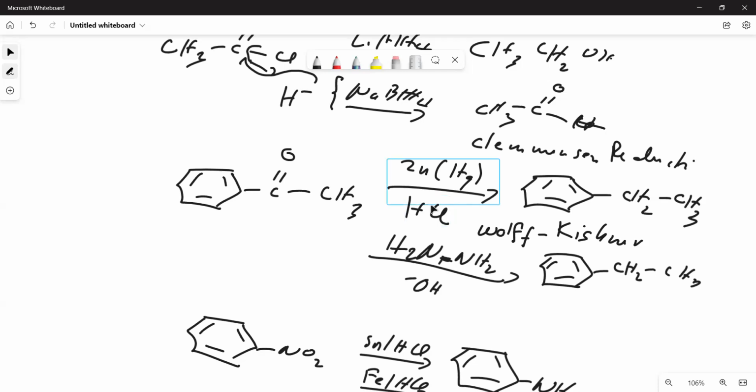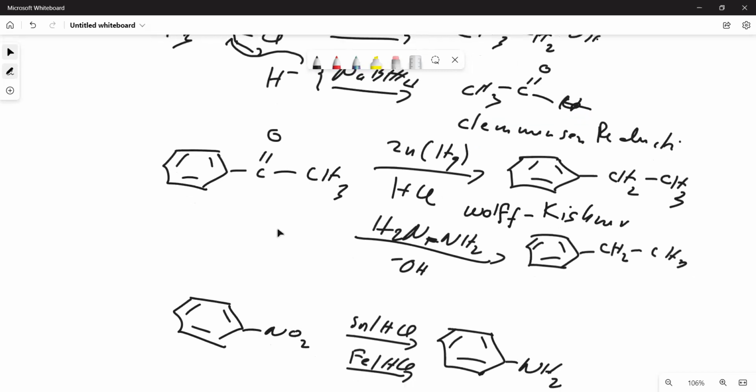Okay, the reaction of metal with acid will result in the formation of hydrogen gas. And that hydrogen gas will replace the oxygen, resulting in the formation of an alkane, or ethylbenzene. And if you use this reagent, the process is what you call Clemmensen reduction.